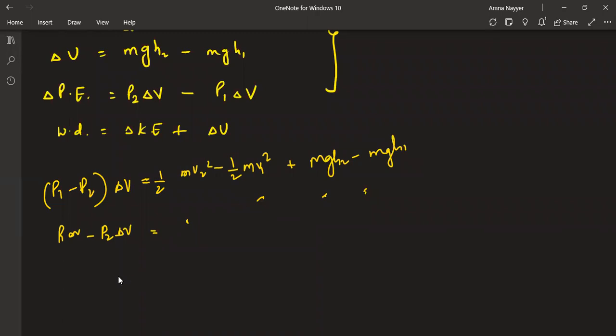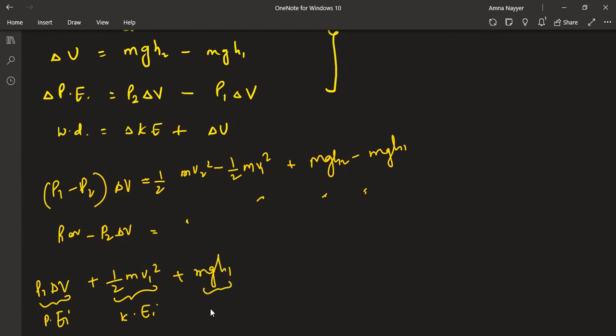Understood? Now see, what are all these terms? P1 delta V plus half mv1 square: this is initial pressure energy. This is initial kinetic energy, plus mgh1, this is initial potential energy.